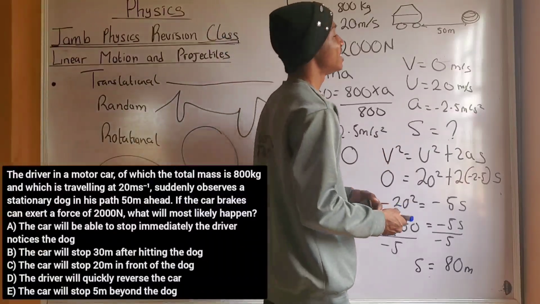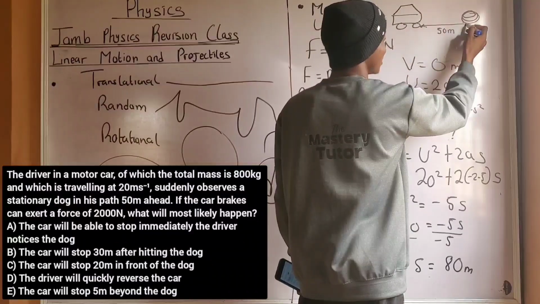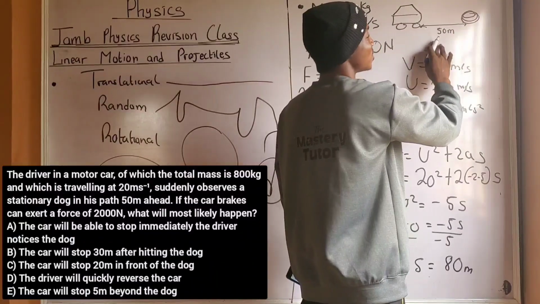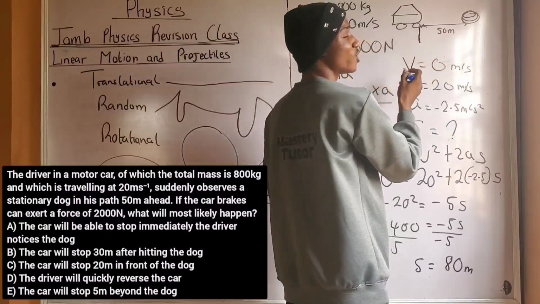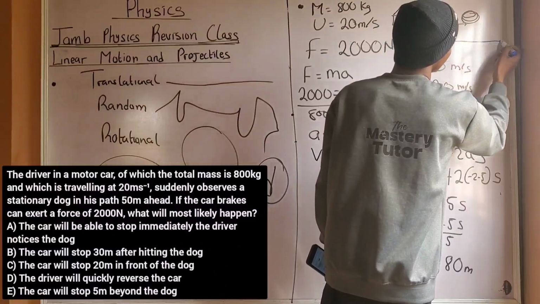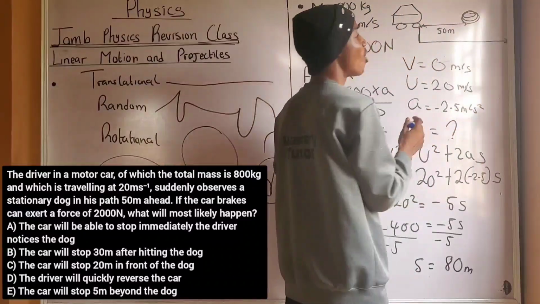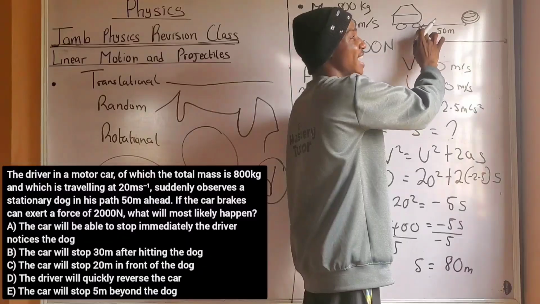And you can see that the distance between the car and the dog is what? 50 meters. So that means if this is the point where the brake was applied, the car covered a distance more than the distance between the car and the dog.